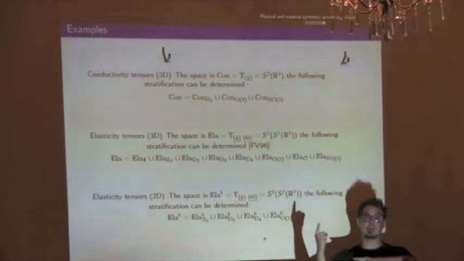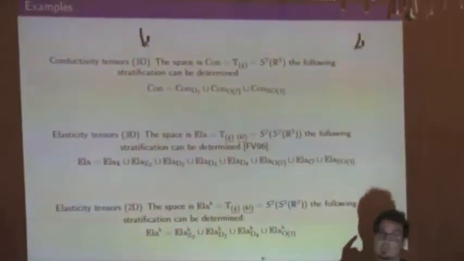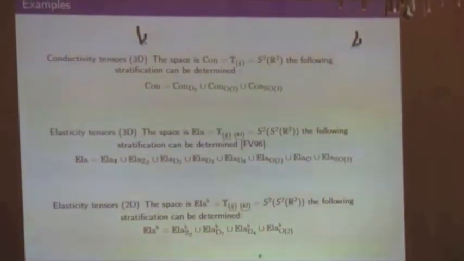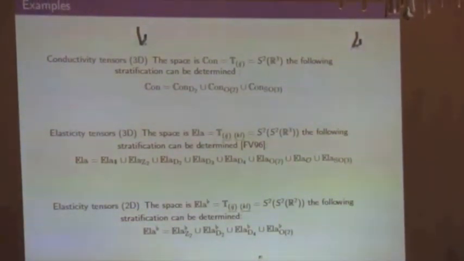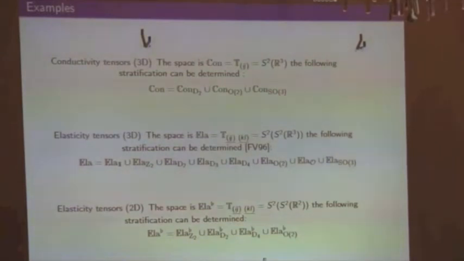So if I make the sum of one with the other, the result will not be transverse isotropic. So the stratification is not a decomposition into vector spaces, because you can have elements with different orientations. To make the sum, you will destroy the symmetry of your element.